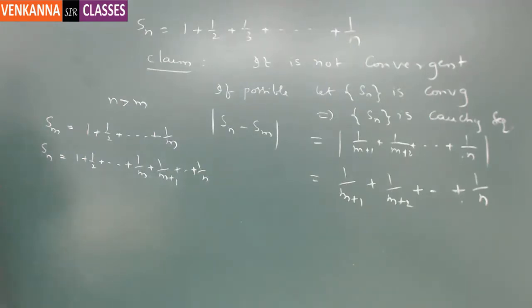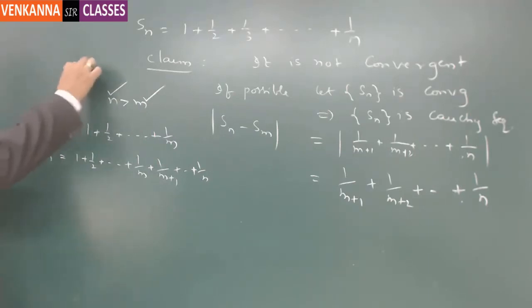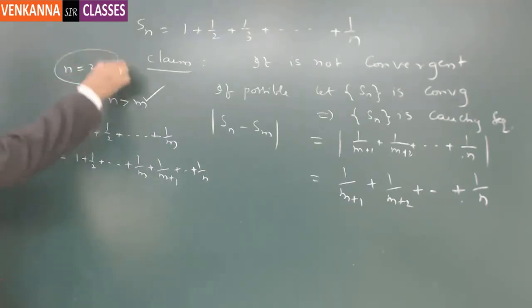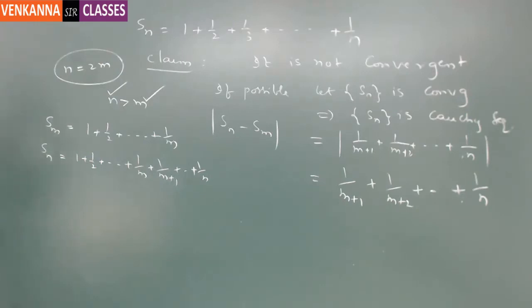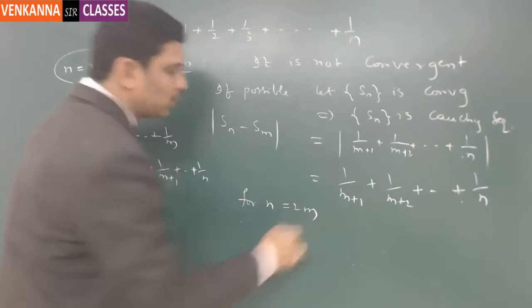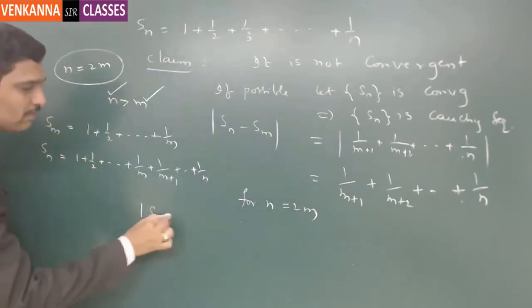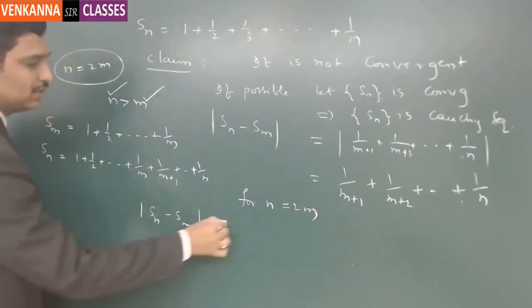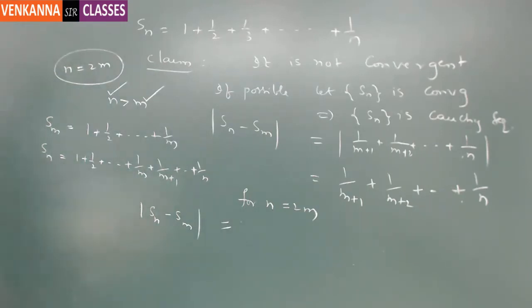Now please understand one thing: m is a term number, n is a term number. I can choose n bigger than any value of m. So I am taking n equal to 2m. So for n equal to 2m, consider mod Sn minus Sm.